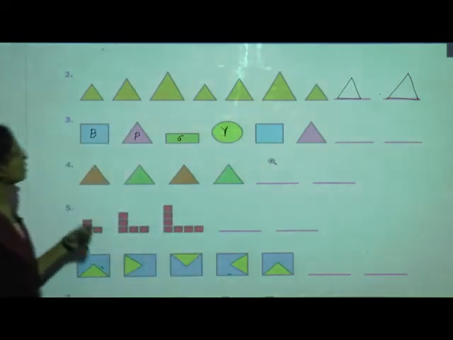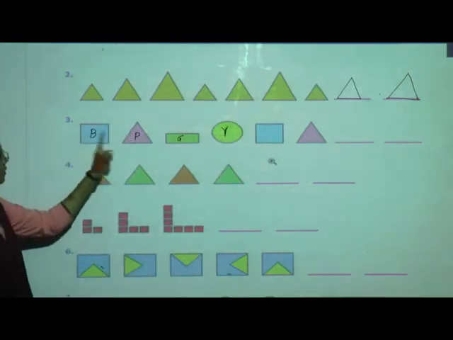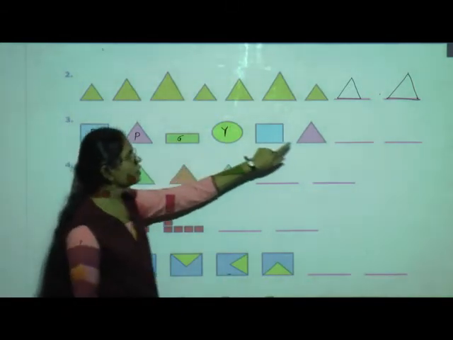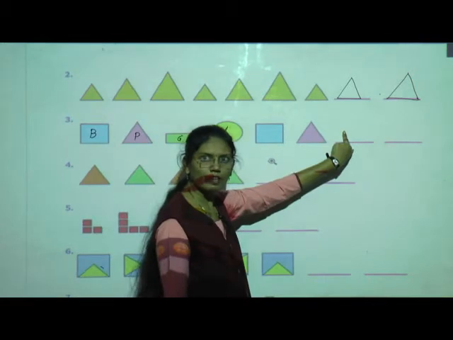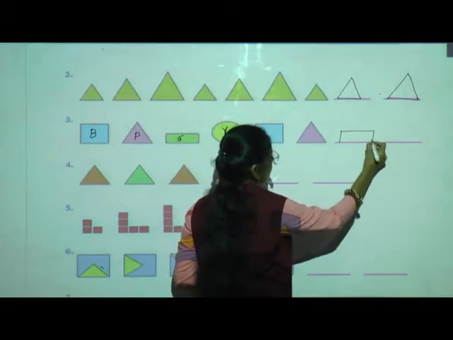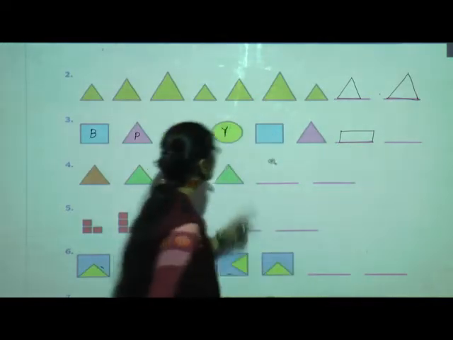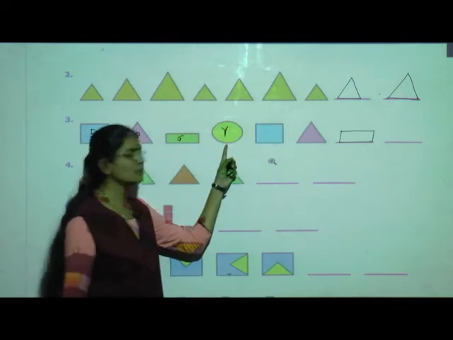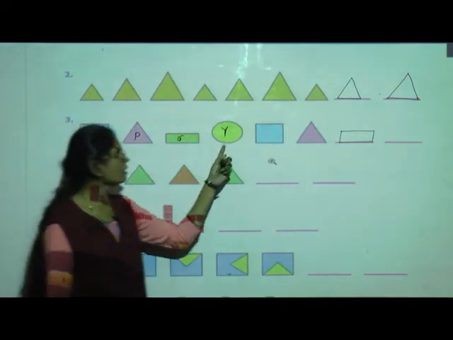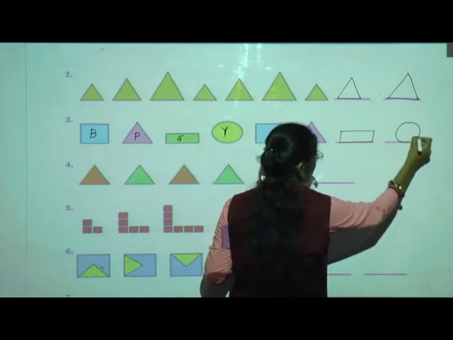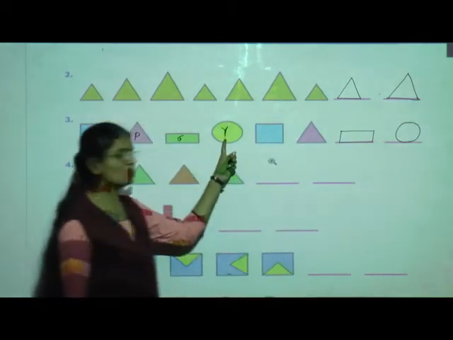Okay. Now see square, triangle, rectangle, circle. Again square, triangle, then what will come here? Yes, here rectangle will come. So you have to draw rectangle here and color it with green color. And after rectangle which shape is there? Yes, here circle is there. So here you have to draw circle and color it with yellow color.